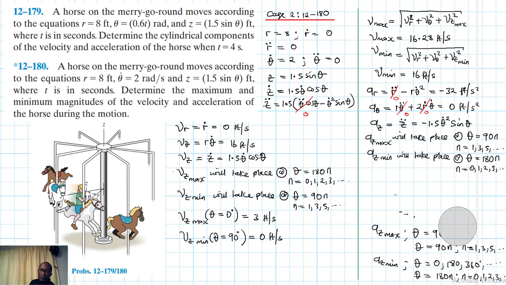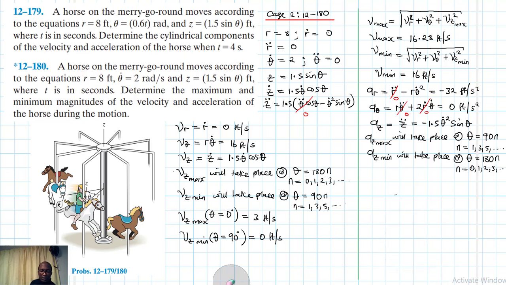All right. So let's calculate these values. Again, we are just going to use just first values. So let's calculate AZ max at theta equal to 90 degrees. This is just going to be equal to, we are using this equation here. See this equation? Alright, right. So plug it in there.